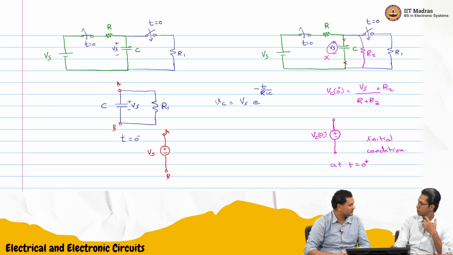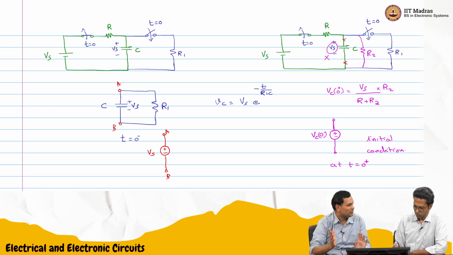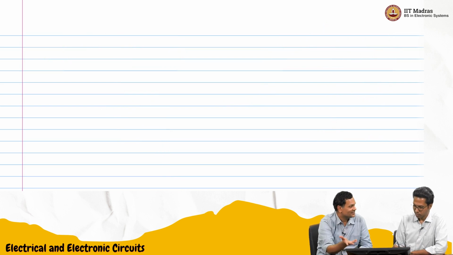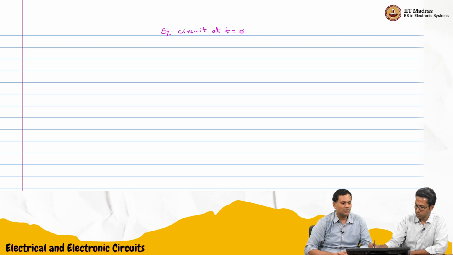So maybe we'll summarize in a table. I think the resistor will be the same; I think everybody knows that now. We have just used it throughout the network. So what shall we write here? Maybe equivalent circuit at t equal to 0 plus.